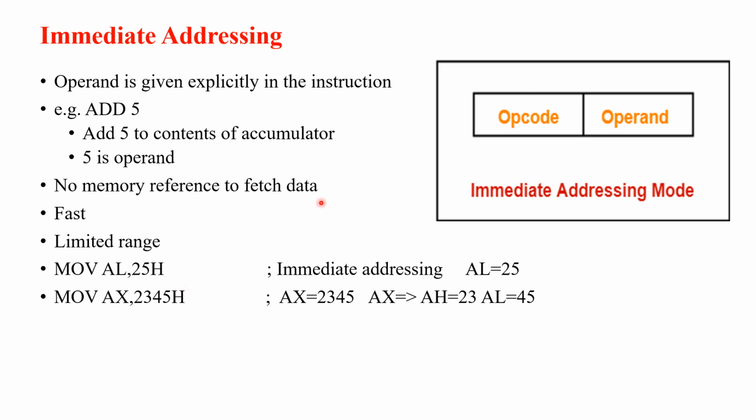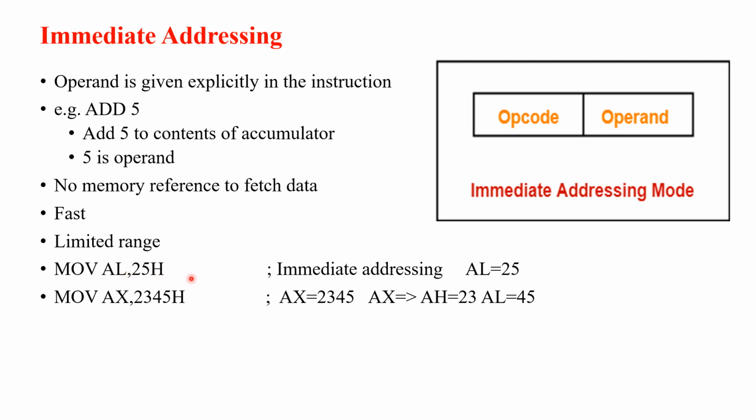However, one limitation is that the range of values that can be provided is restricted by the size of the instruction. The data has to be within the instruction's bit width. Let's look at some examples. MOV AL, 25H. In this instruction, the hexadecimal value 25H is immediately moved into the register AL.